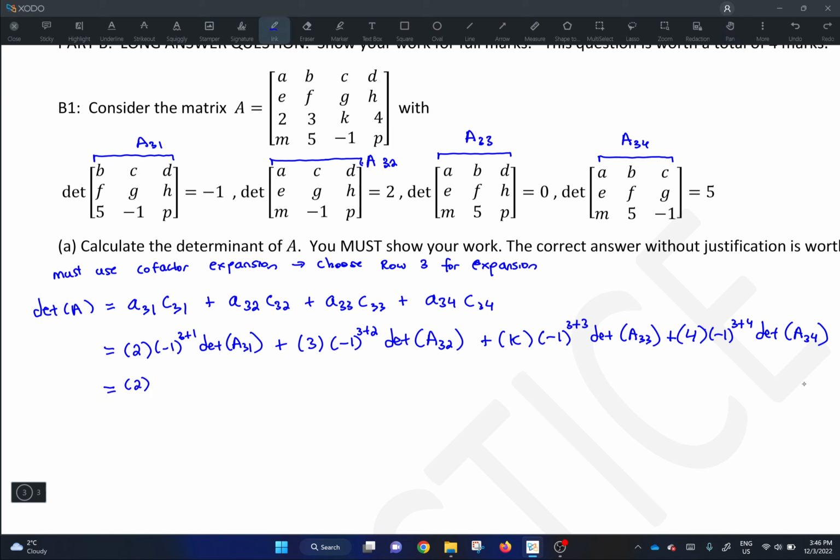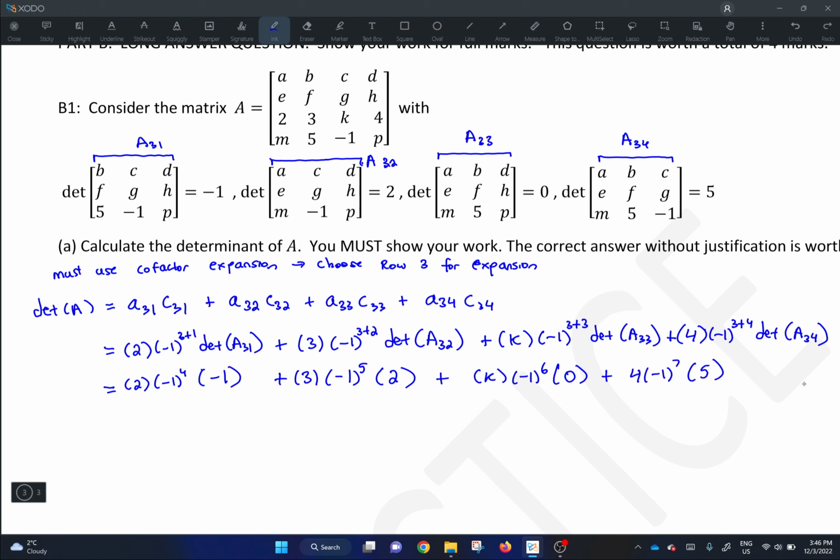So we have 2 times negative 1 to the power 4 times the determinant of A31, which was minus 1 from up above, plus 3 times negative 1 to the power 5 times the determinant of A32, which up above says it's 2, plus k times negative 1 to the power 6 times the determinant of A33, which is 0. Haha, the k disappears, doesn't matter. And then plus 4 times negative 1 to the 7 times the determinant of A34, which is 5.